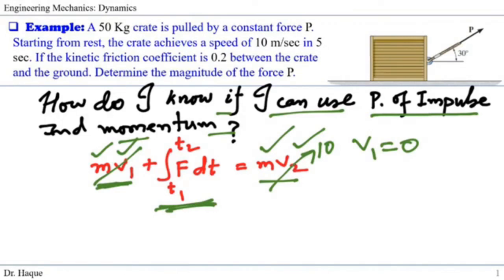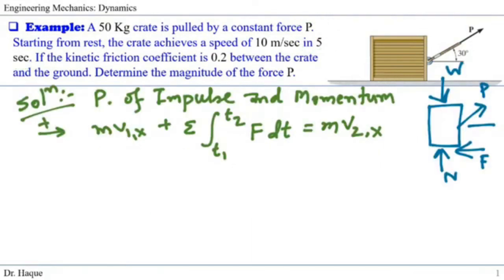Well, the problem says a force P acts over a certain time, which is 5 seconds. That means I can still use this equation: force acting over a period of time, dt, with t1 being 0 and t2 being 5. So I can use the principle of impulse and momentum to solve this problem.